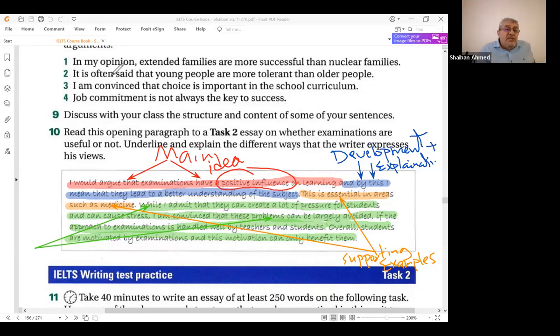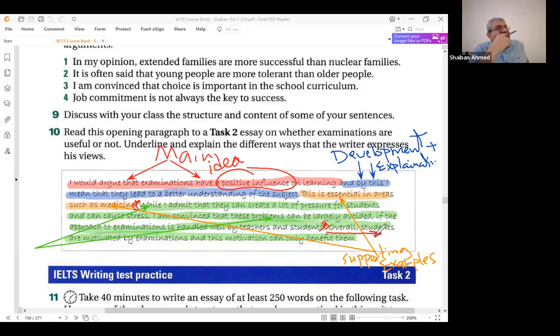Now, I want you guys to tell me what happened here. Just a minute. What's the sentence here? While I admit that they can create a lot of pressure for the students and can cause stress, I'm convinced that these problems can be largely avoided if the approach to examinations is handled well by teachers and students. What is he doing?